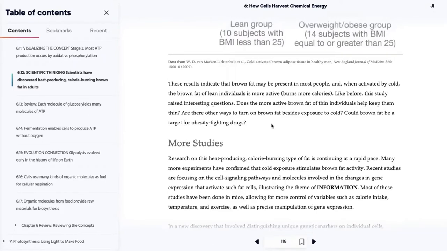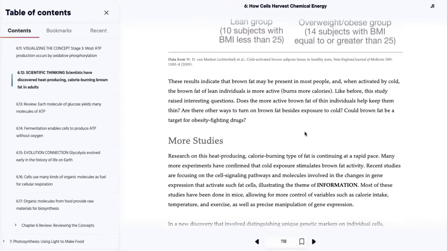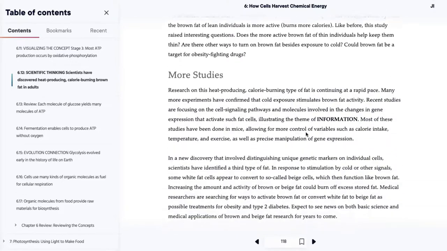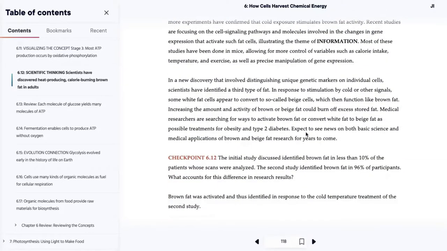Whatever your favorite binge food is, rich in calories, if you could turn on your brown fat, you could eat all those calories without gaining a single gram. Okay. Wouldn't it be cool to activate that? I've always thought so, right? And so this whole section in chapter 6, section 12, is addressing that exact issue.